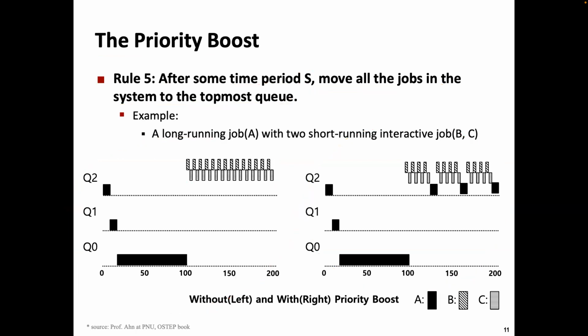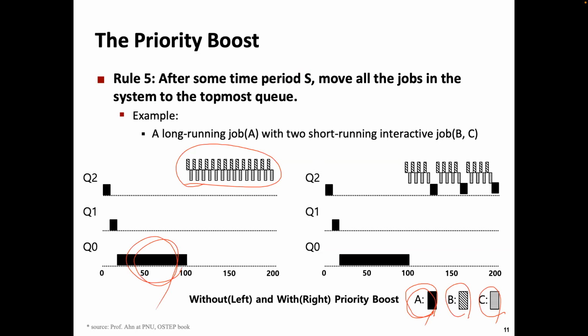You might see job A, job B, job C. Job B and job C are interactive jobs, and they use their CPU resource, but job A has the starvation problem. So job A could not be executed on the CPU because it's still at the lowest priority.